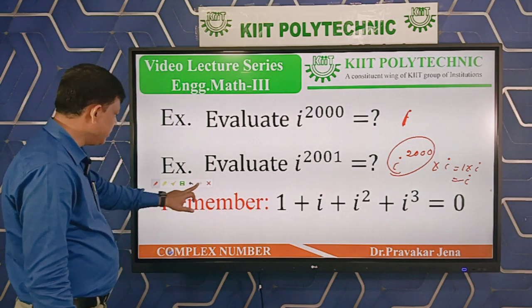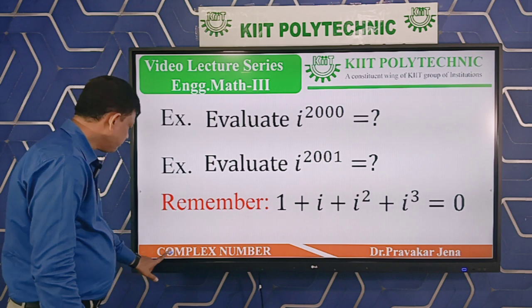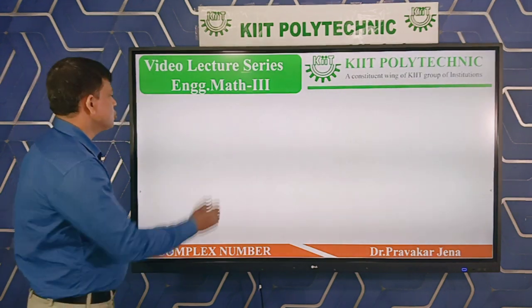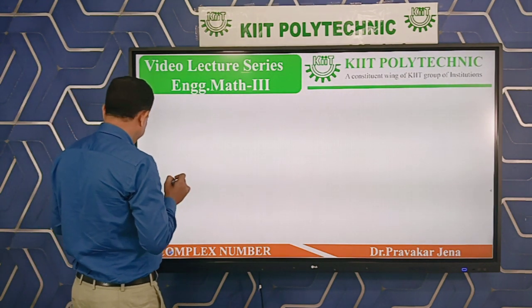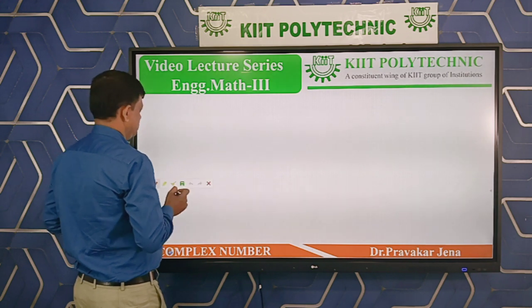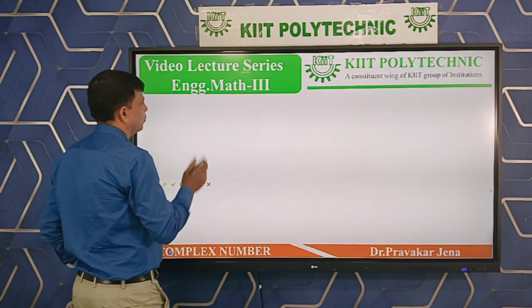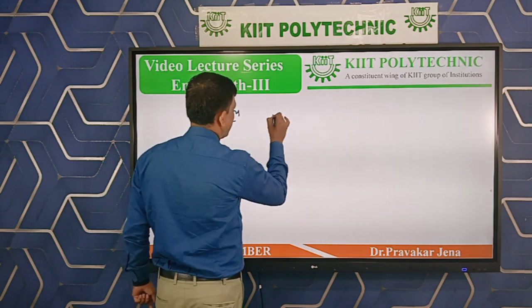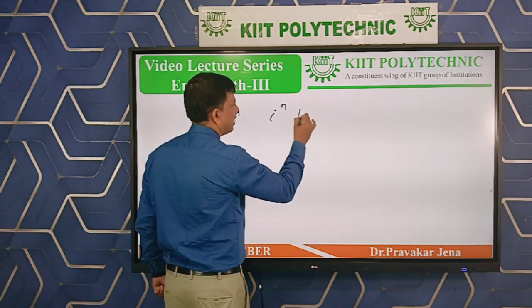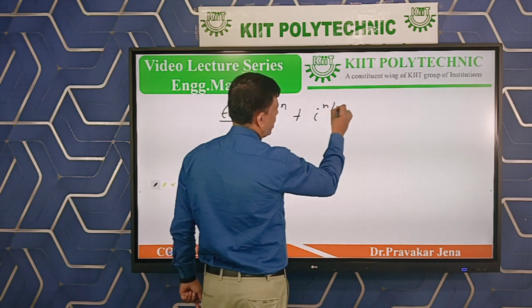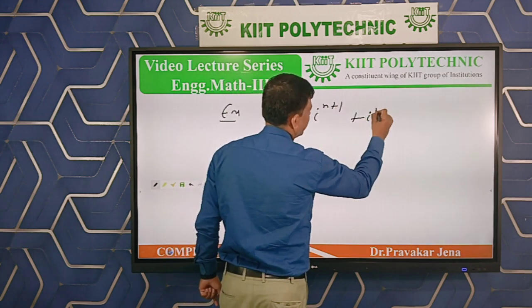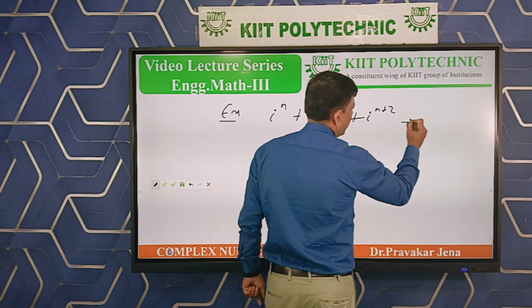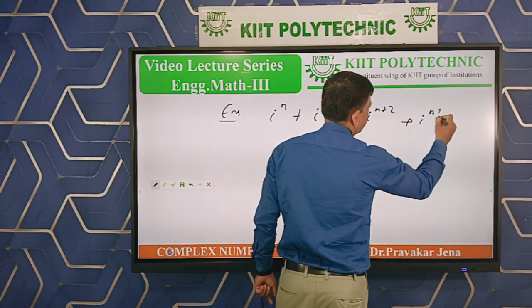Now I'll tell one thing here. One example I'll take: i to the power n, i to the power n plus 1, i to the power n plus 2 and i to the power n plus 3.